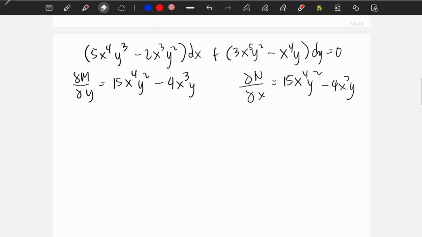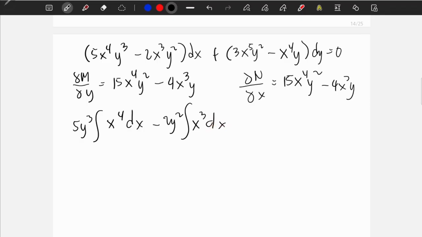From this term, the constant is 5y cubed, times the integral of x to the power of 4 dx. And for this term, the constant is negative 2y squared times the integral of x cubed dx.